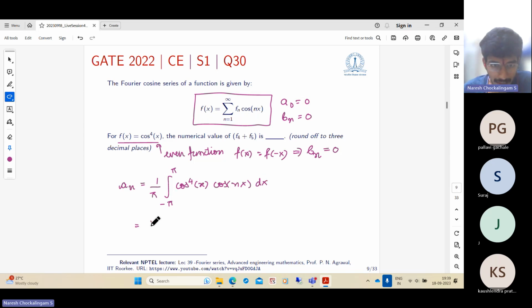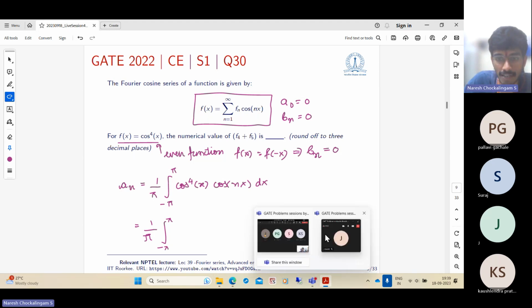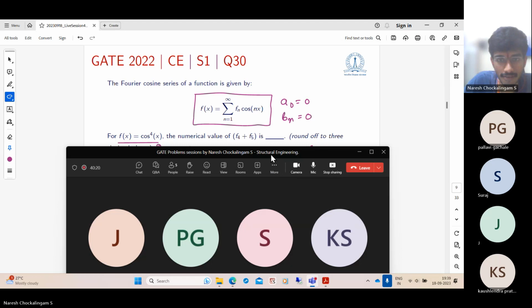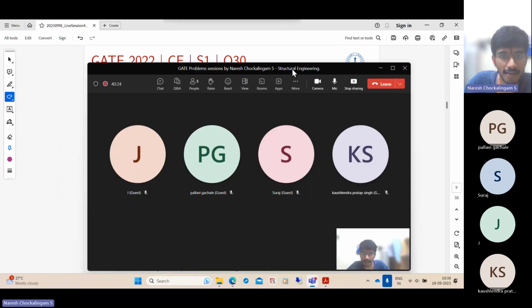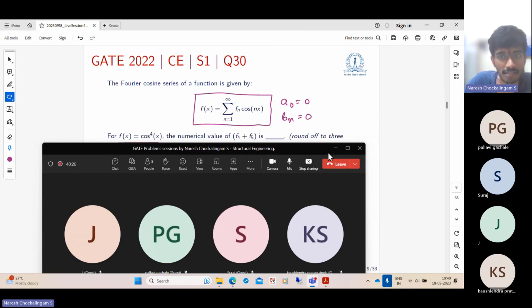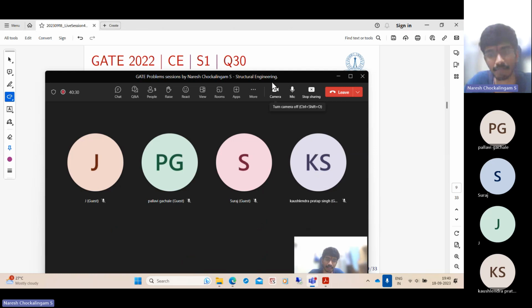Now let us write this as 1 by pi integral minus pi to pi. Any idea? How do we handle cos power 4x? How do you usually handle powers of trigonometric functions in integrals? That's very important.